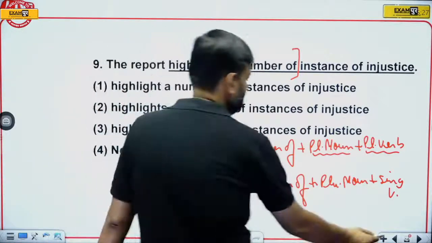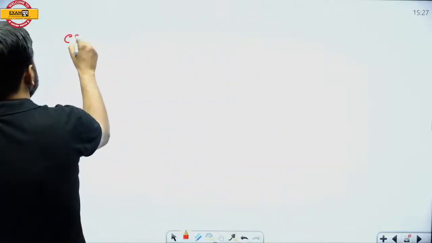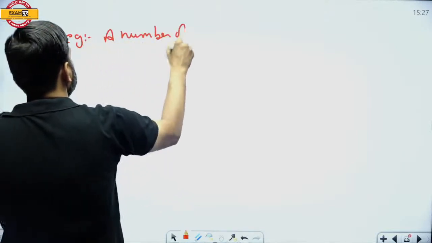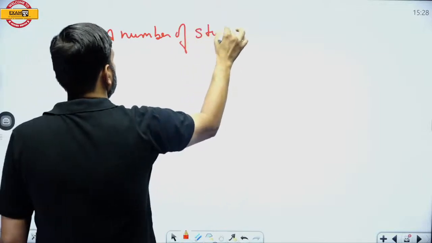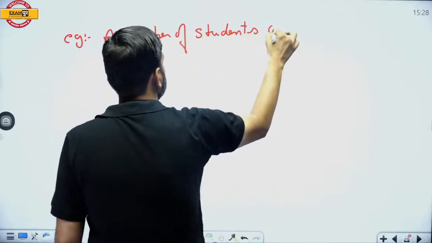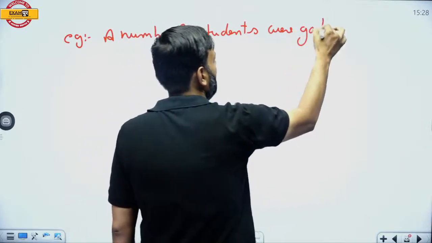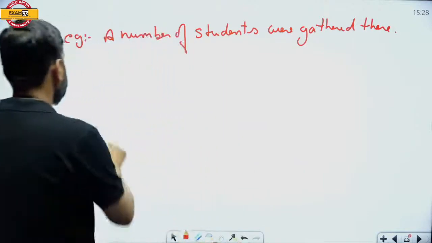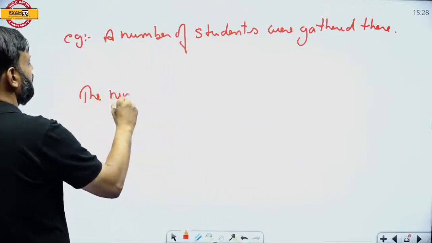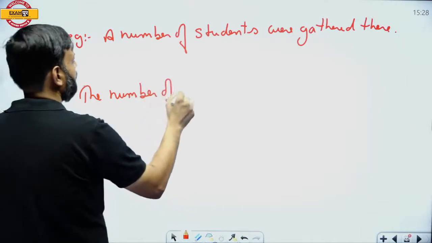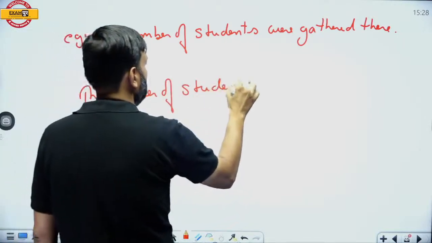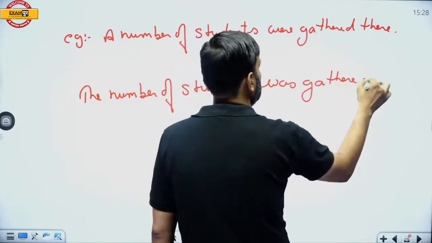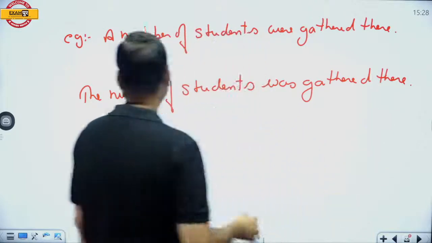Let me give you one example. For example, a number of students were gathered there. And one more example, the number of students was gathered there, right?